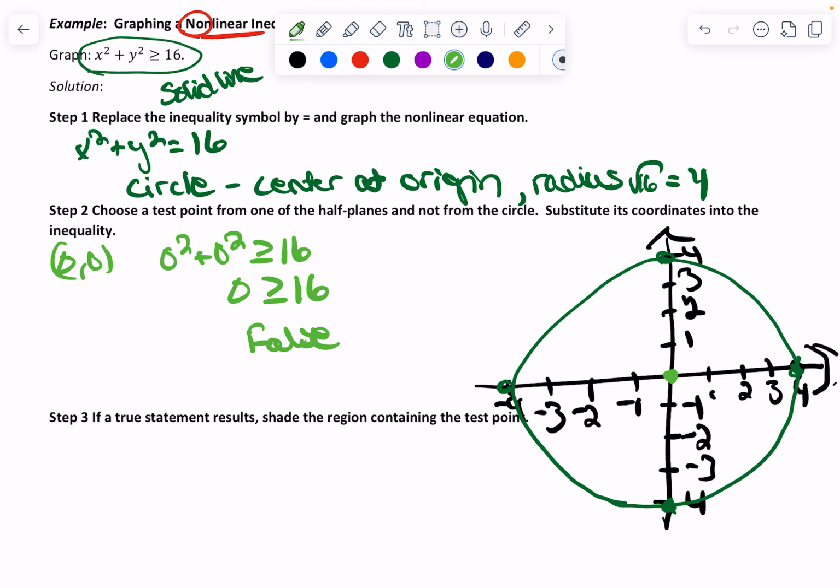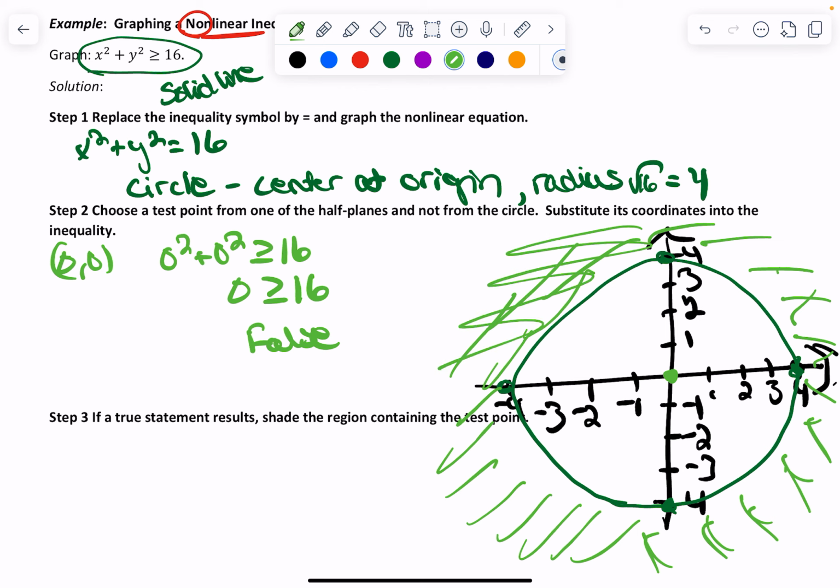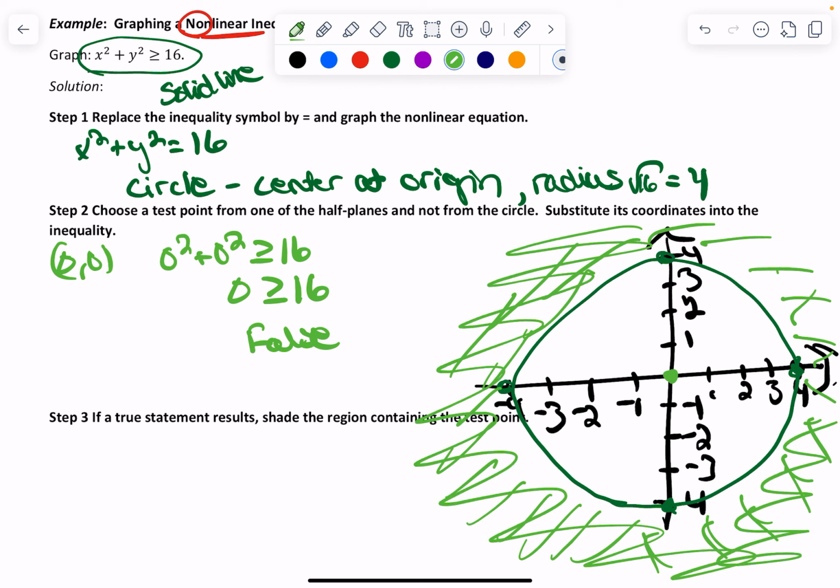So we're going to shade the region that does not have the 0, 0. So it's going to be all of this here outside of the circle, like that.